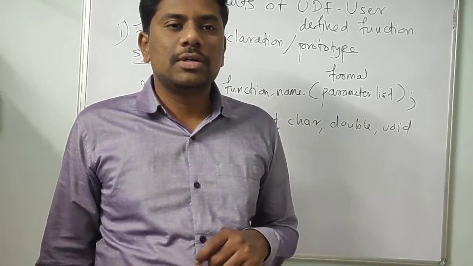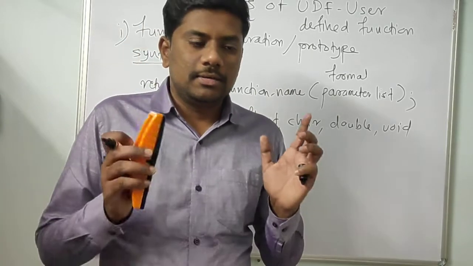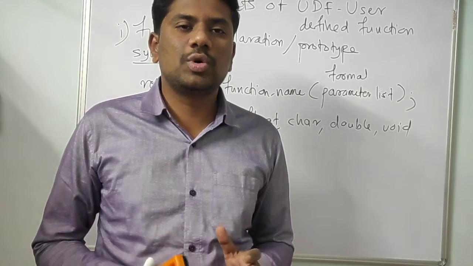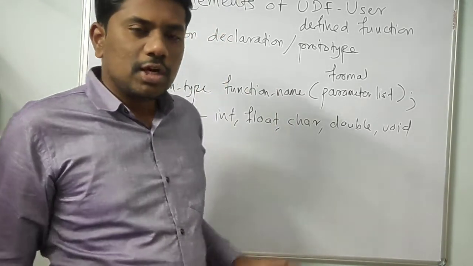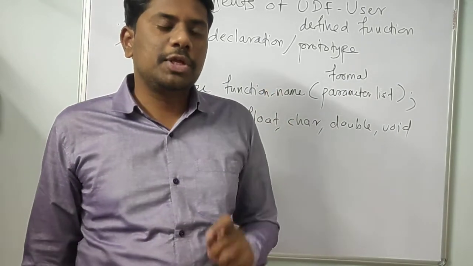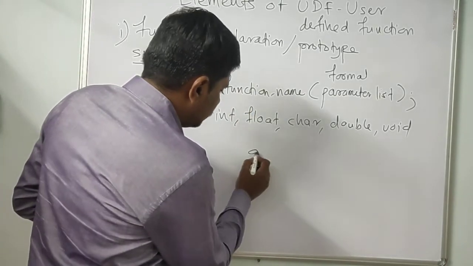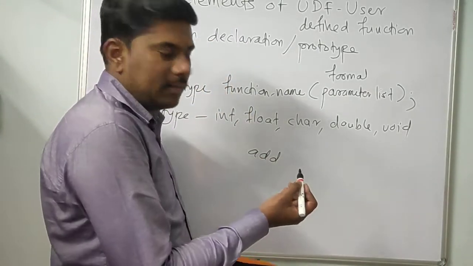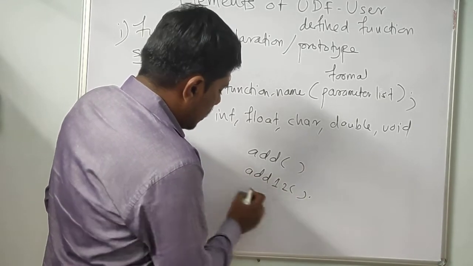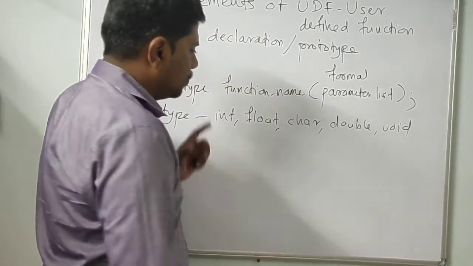You can also have the underscore special symbol, but you know that the identifier should not start with a digit. It should start with either underscore or letter. So I can give the name add to my function. I can also give add1 2. I can also give underscore add. These are the rules you should remember.